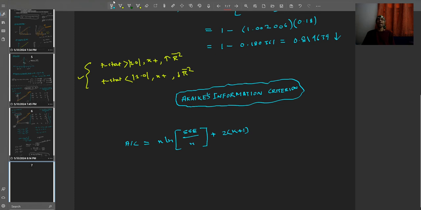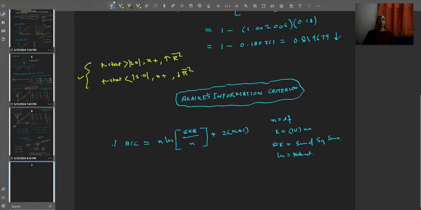Here n is the sample size, k is the number of independent variables, SSE is the sum of squared error, and ln is obviously natural log. So this is the expression: n into natural log of the ratio between sum of squared error and number of samples, plus 2 multiplied by k plus 1.